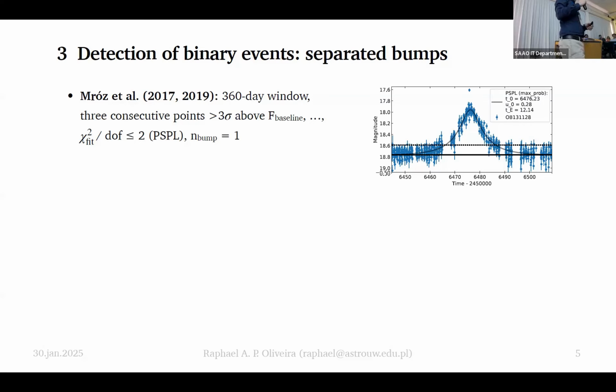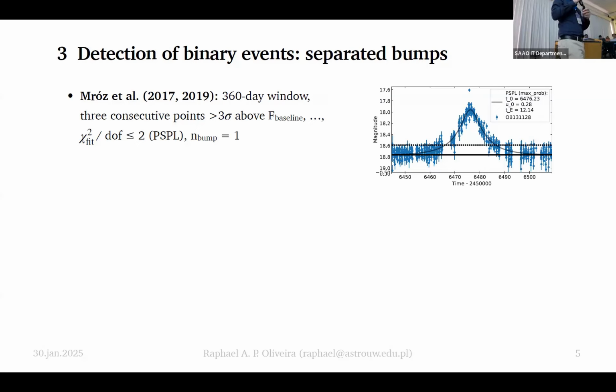And it applies some thresholds, assuming the PSPL fitting, and the number of bumps equal to 1. So usually the binary events are skipped in this algorithm because of some of these values and some others.